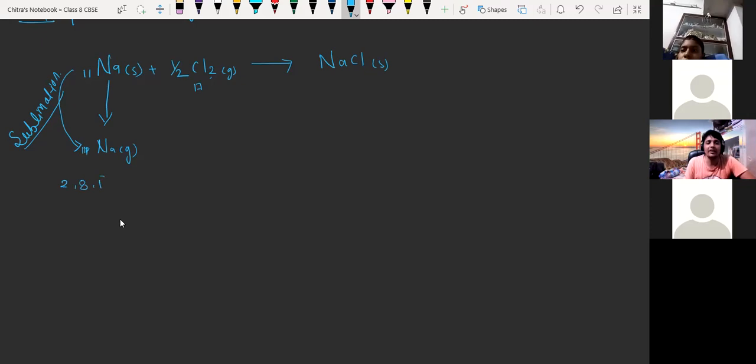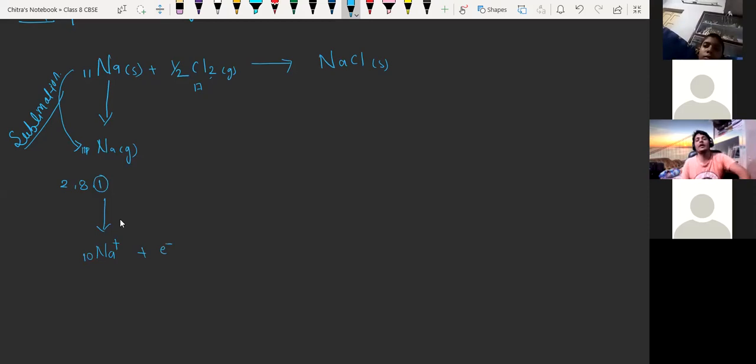So again we have 1 electron, so it is not going to share 7 electrons with others. So sodium will lose 1 electron easily. When sodium loses 1 electron, it forms a sodium positive ion, which contains only 10 electrons.